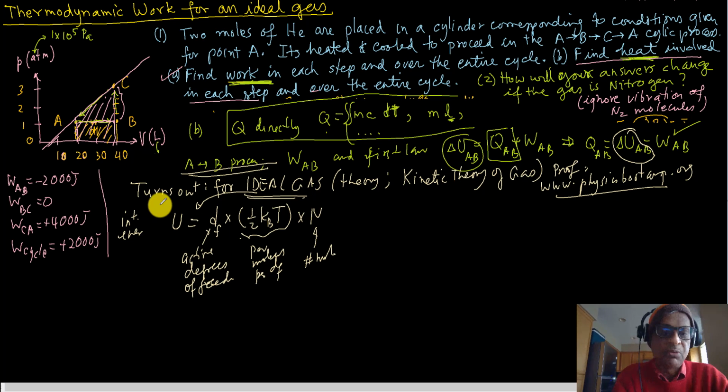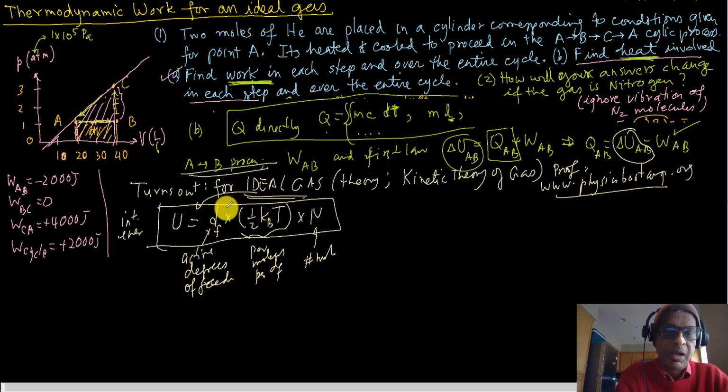So this is a formula you should memorize, and you should know how to get degrees of freedom. And if you write it in other ways, it can be number of moles times gas constant times T, and the T is in Kelvin, absolute temperature.